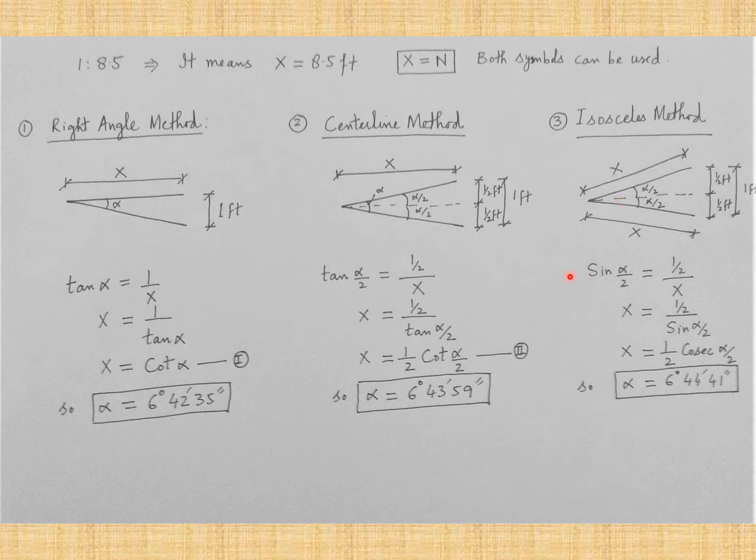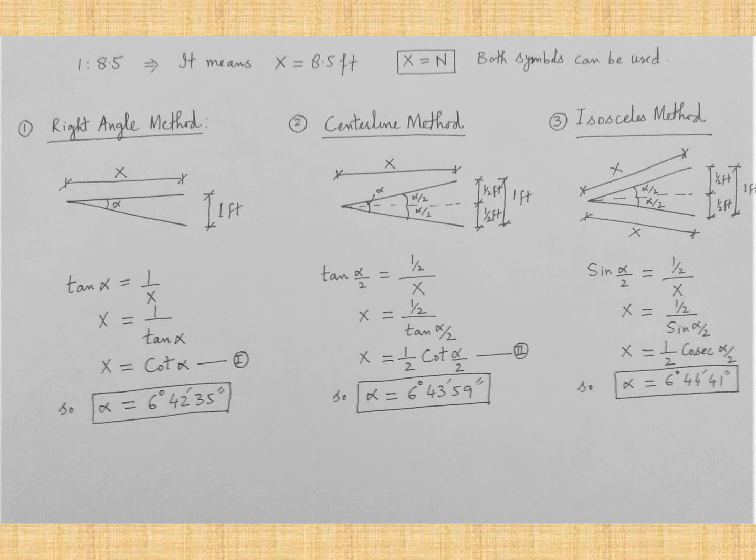Using the trigonometric identity, sine alpha by 2 is equal to 1 by 2 over X, so X is equal to 1 by 2 over sine alpha by 2, and then X is equal to 0.5 times cosecant alpha by 2. When you put X equal to 8.5 feet, you get the alpha value 6 degrees 44 minutes and 41 seconds.